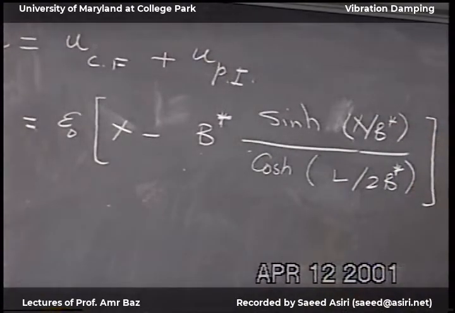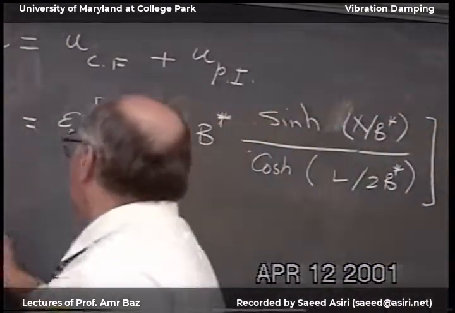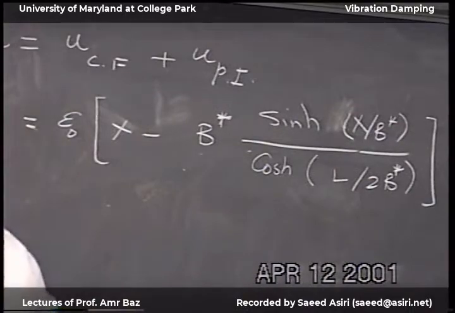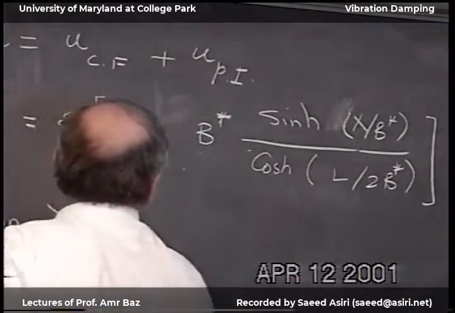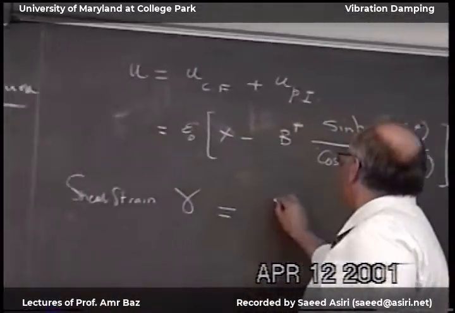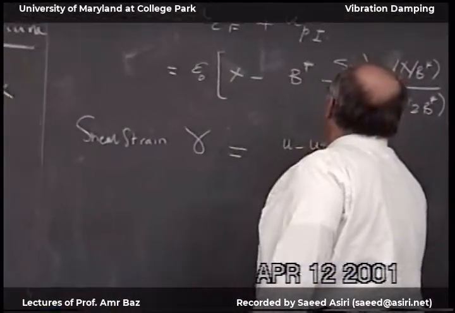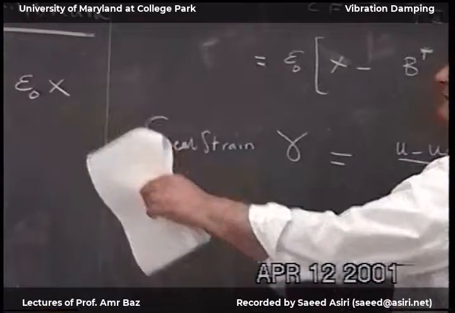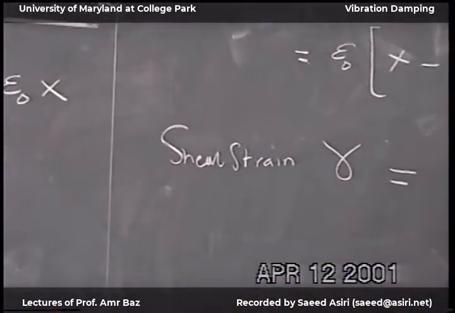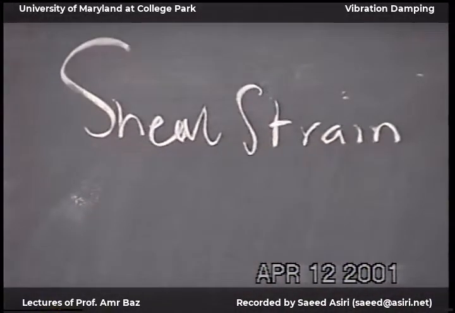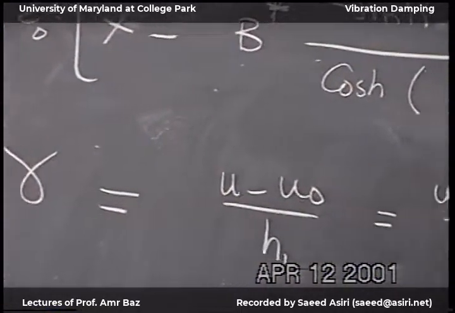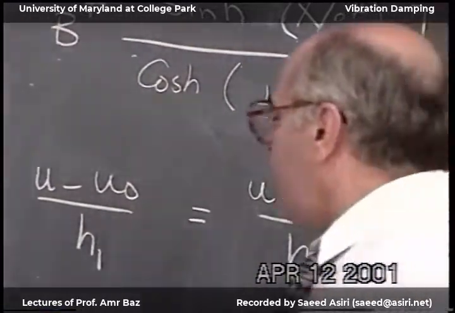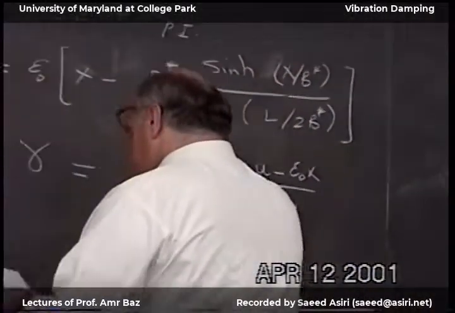And from here we determine the shear strain, gamma, and this is equal to U minus U0 divided by the thickness of the viscoelastic material, H1. So this is U minus epsilon 0 x over H1.